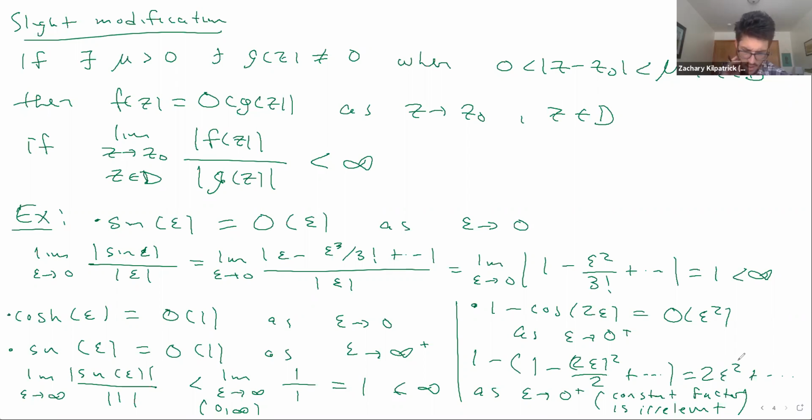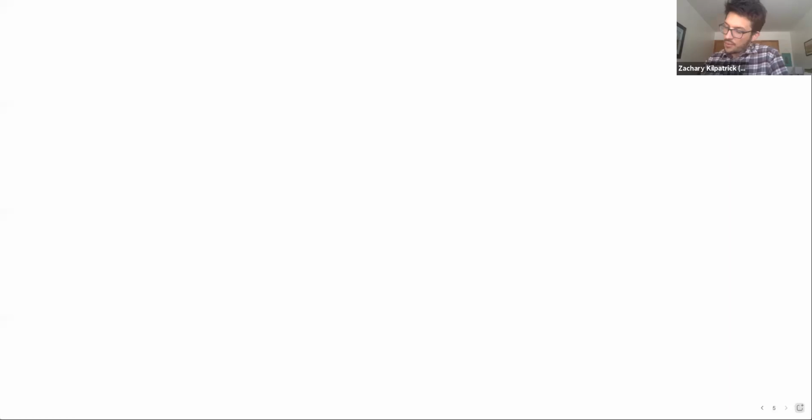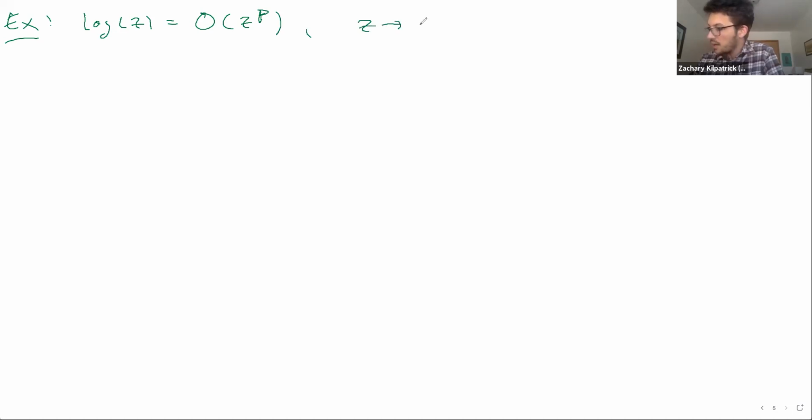All right. Okay. Let me do one more example, which is a bit more steps, and we'll come back to this. So maybe to Jake's question from before, we know that we can't really come up with a reasonable Taylor expansion for log of z as z goes to infinity in terms of power series.